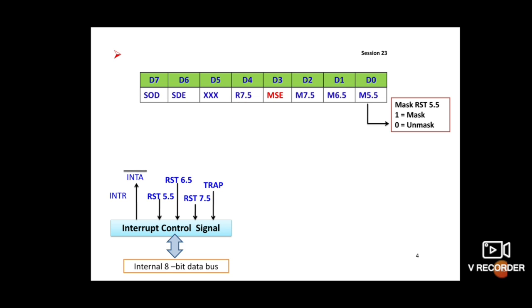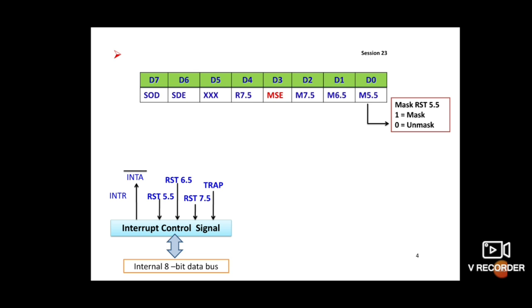Okay. Now student, TRAP is a non-maskable interrupt. TRAP is a non-maskable interrupt because it is compulsory, meaning we cannot avoid TRAP. When TRAP is interrupted, it is compulsorily accepted.